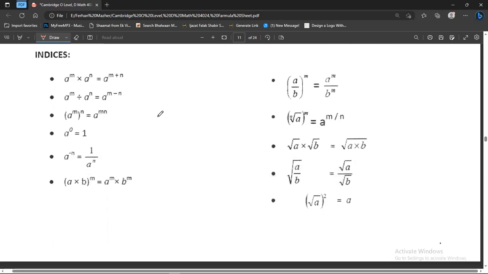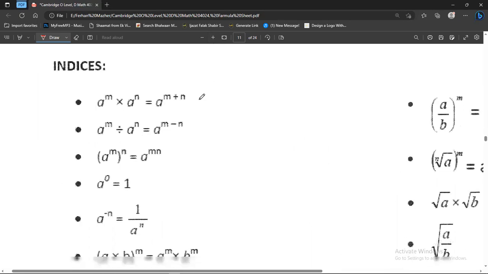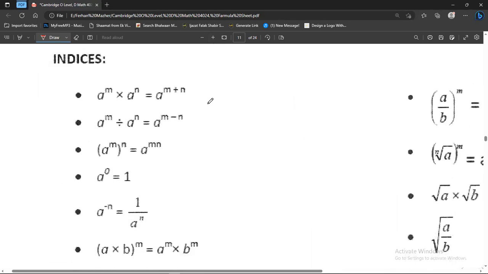So in indices, remember, if two numbers are multiplied and the base is the same, the powers will be added. If the bases are the same and they are divided, then the powers will be subtracted. If you have a power on a power, both of the powers will be multiplied.